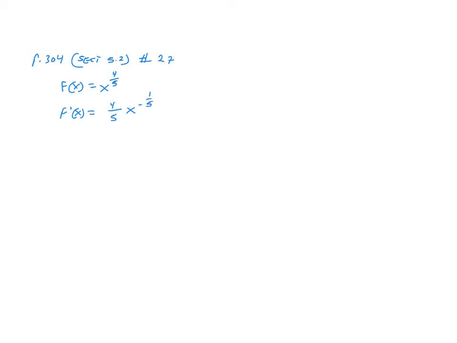Instructions: use any method to find the relative extrema of the function f. I'm going to stick with the first derivative test. I don't know about the second derivative test. If you want to try it, try it.